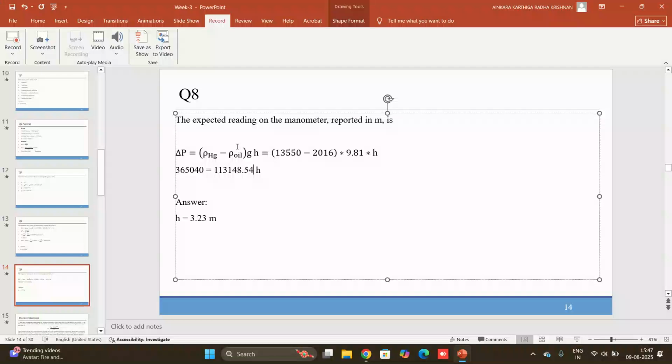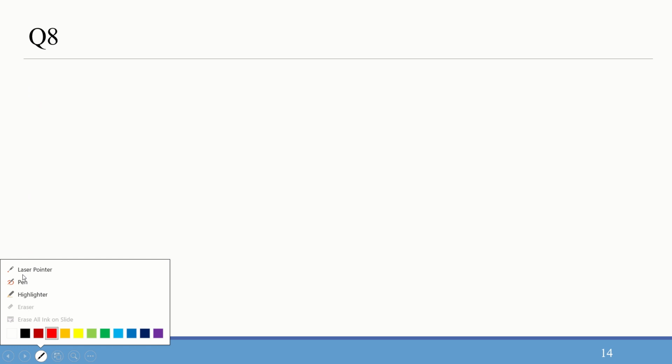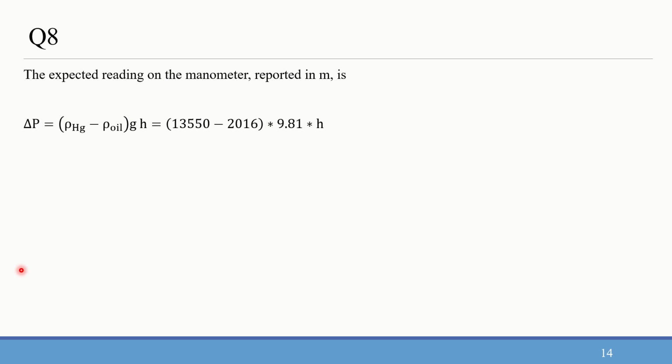I hope it is clear. 365040 divided by 113148.54 gives 3.2262. So what we are doing basically is, we are asked to find the expected reading on the manometer, that is, H, in meters.